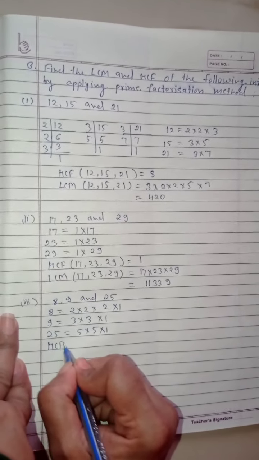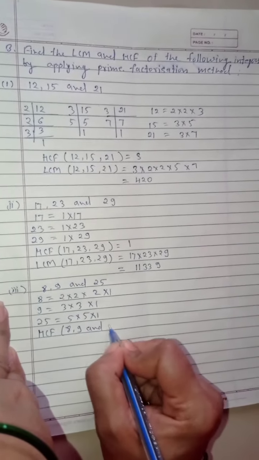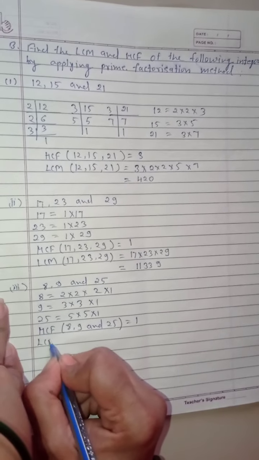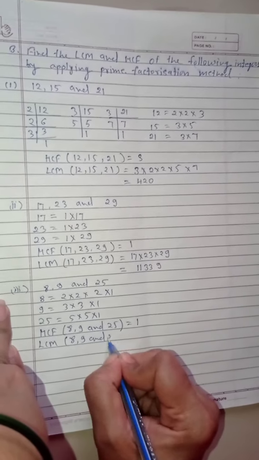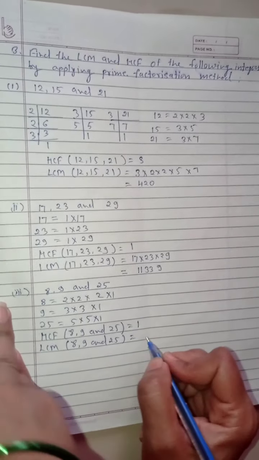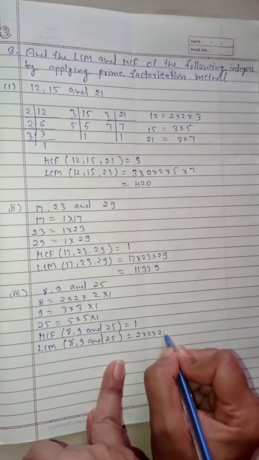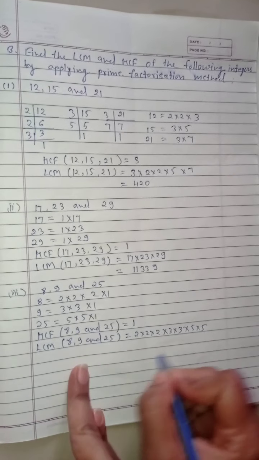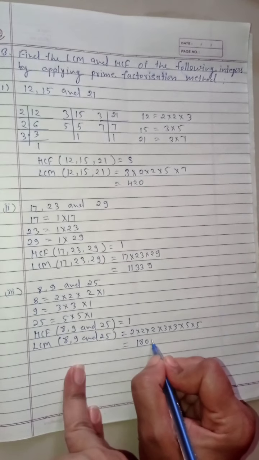Therefore HCF of 8, 9 and 25 equals 1, and LCM of 8, 9 and 25 equals 2 into 2 into 2 into 3 into 3 into 5 into 5, and this is equal to 1800.